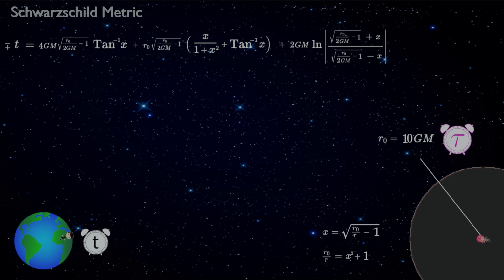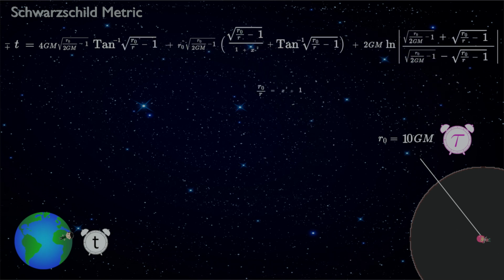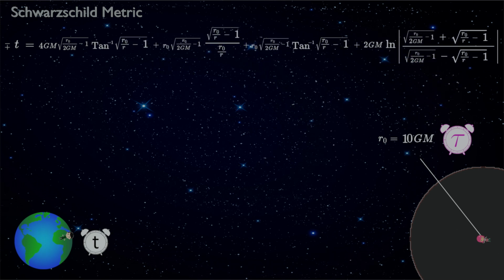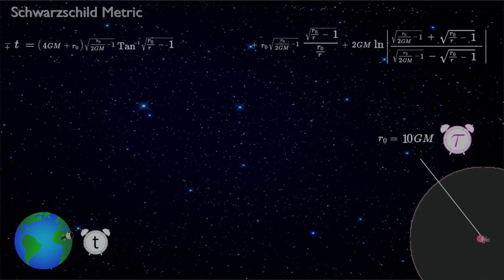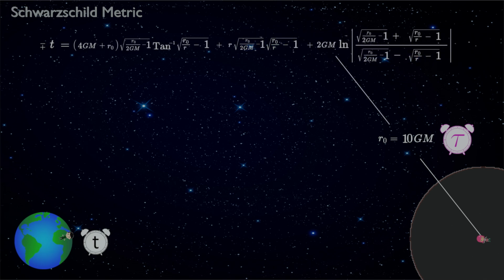Now it's finally time to replace x with the square root of r0 over r minus 1. And now let's clean things up a little bit. This is our final expression for Bob's faraway time t as a function of Stella's Schwarzschild radius r.